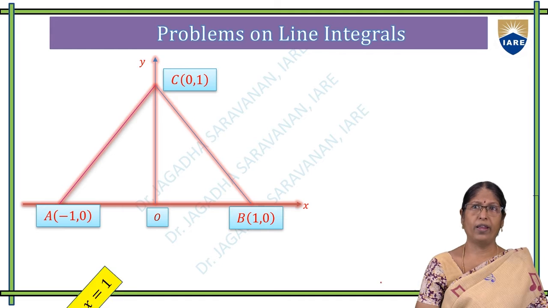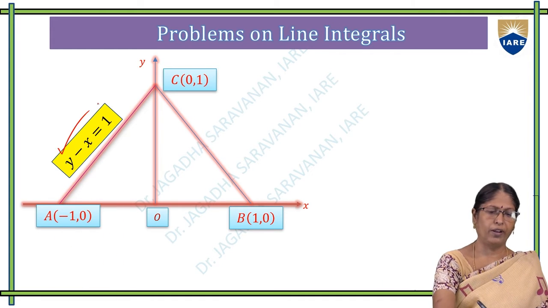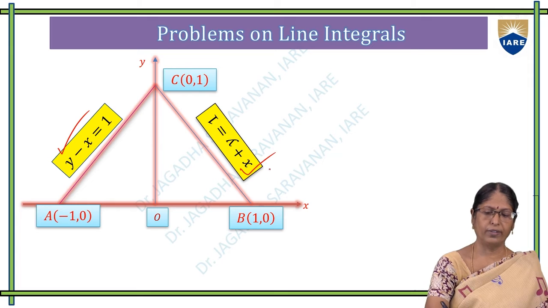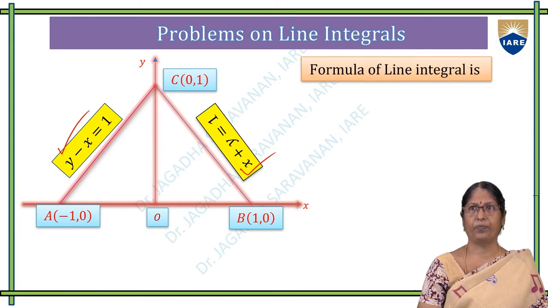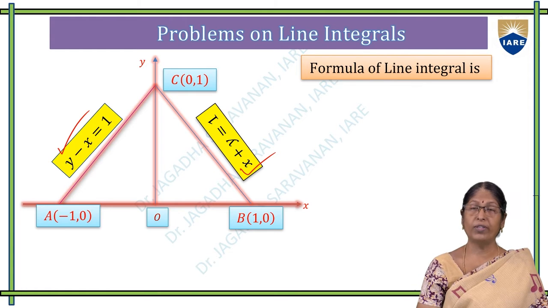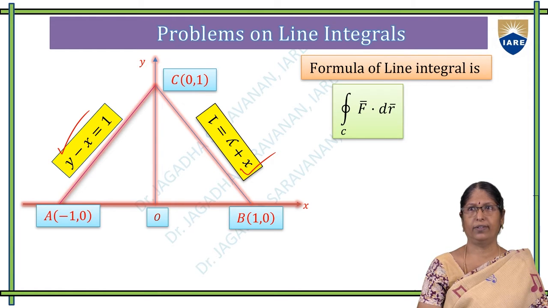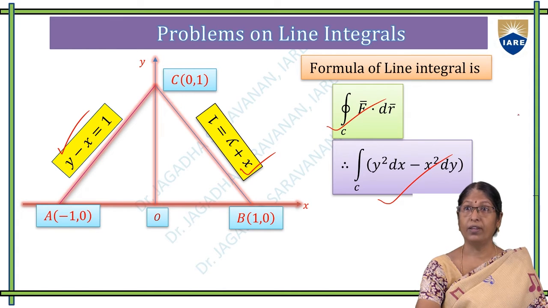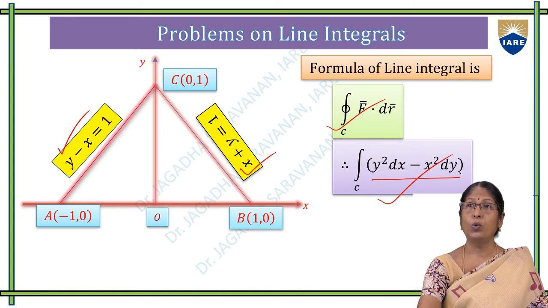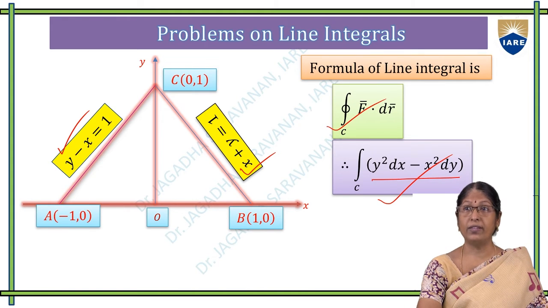The next one, BC, we know the equation is x plus y equal to 1. Now the formula for the line integral is the integral over C of f dot dr. This is our function which is given in this problem: y square dx minus x square dy.